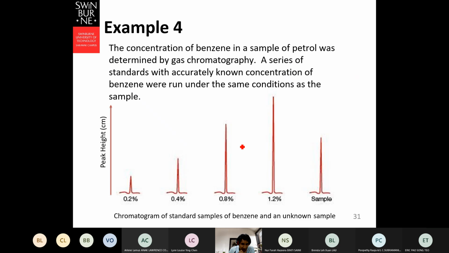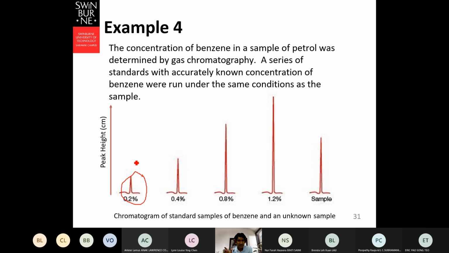And we can also quantify how much caffeine is in my sample. What we'll do is take different concentrations of the same standard, at the same temperature, same column, same run time.